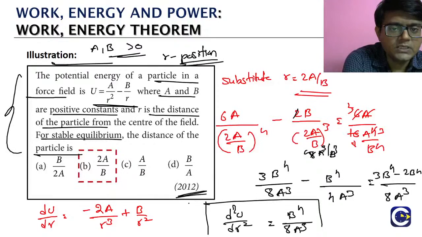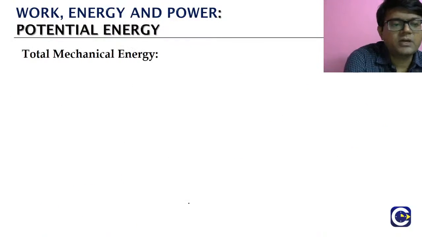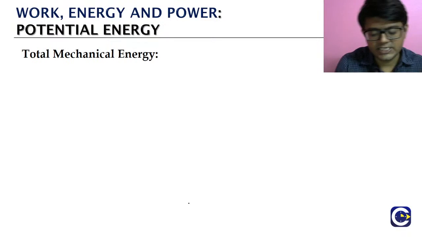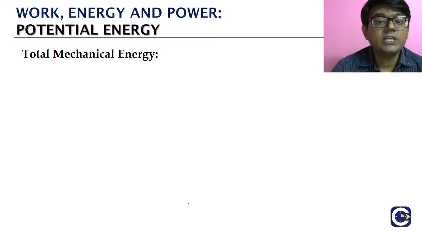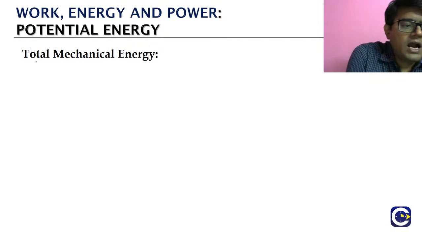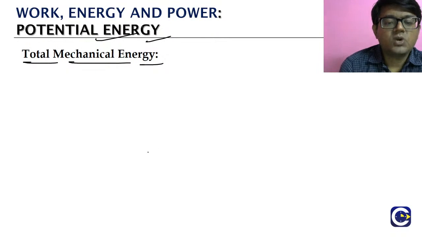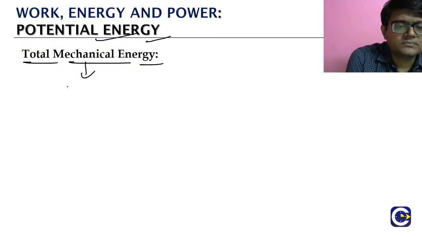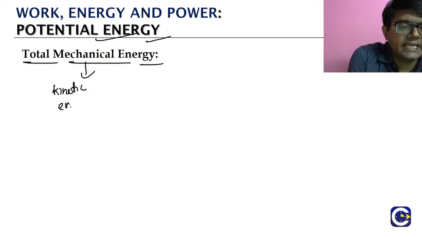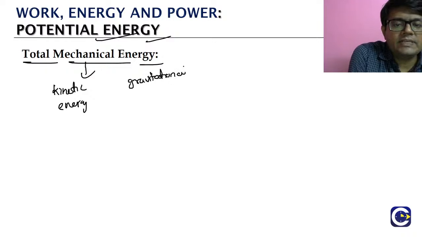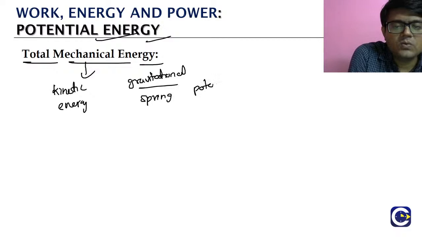Okay, so this is the concept of the potential energy and the relation of the potential energy to the conservative force. Other than that, generally we will use this word mechanical energy. Mechanical energy is a general word that people use to represent the kinetic energy and gravitational and spring potential energies.